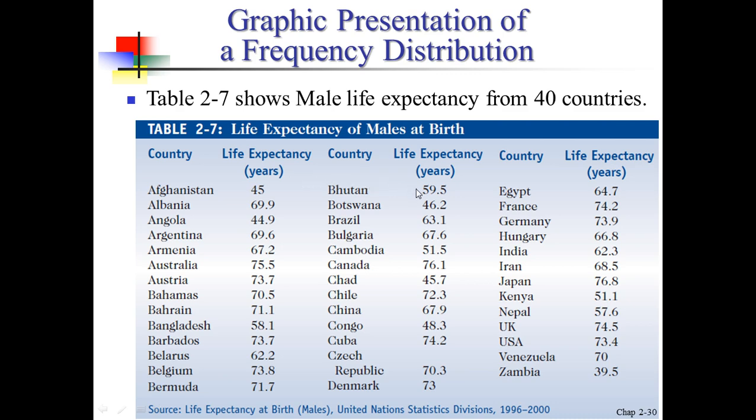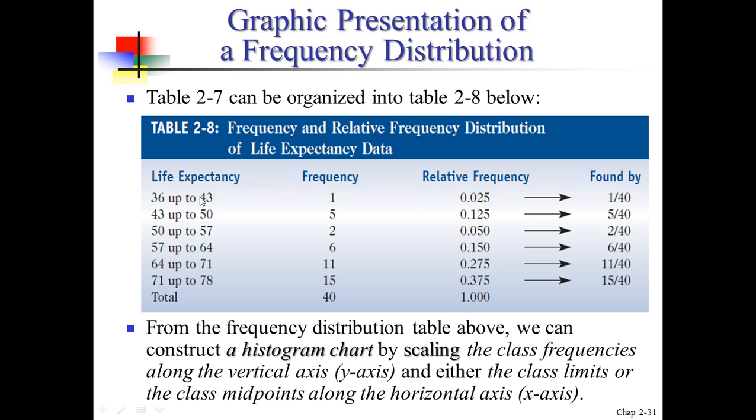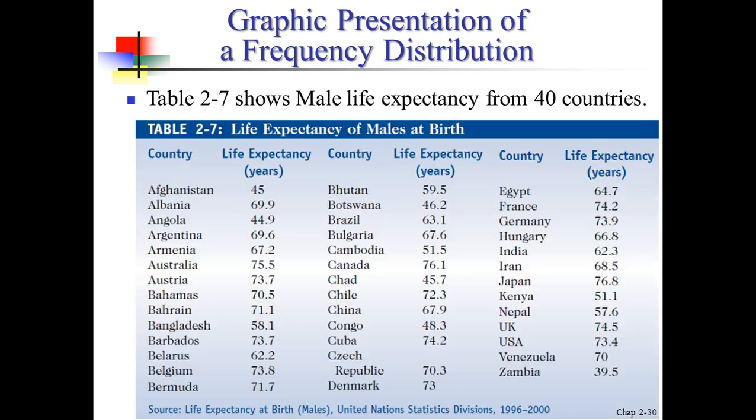So from raw data like this one, you use 5 steps and you get column 1 and column 2. What topic are we talking about? We study male life expectancy. This is the country, and this is the number of years that a male in this country is expected to live, from the day he was born up to the day he dies. So this is a number of years, not a number of females or males.